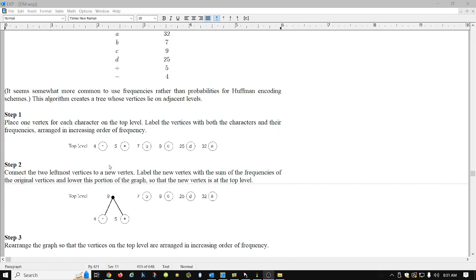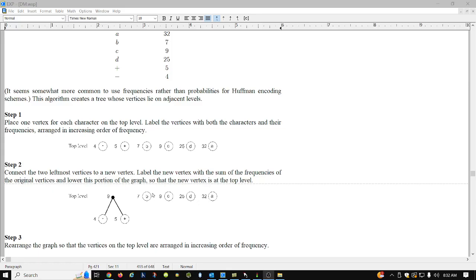In the next step, we take the two vertices on the left, those are the ones with the smallest frequencies, and we combine them as leaves of a little tree. And so the top vertex is a new vertex. We insert it top level, and we label it with the sum of the two frequencies.